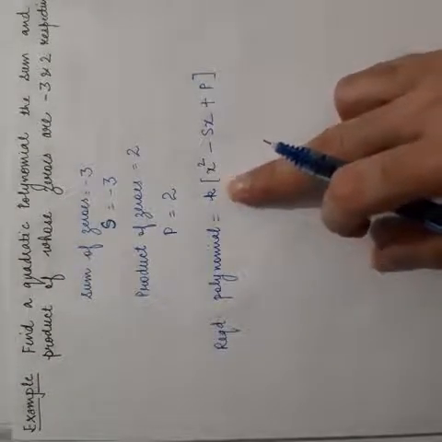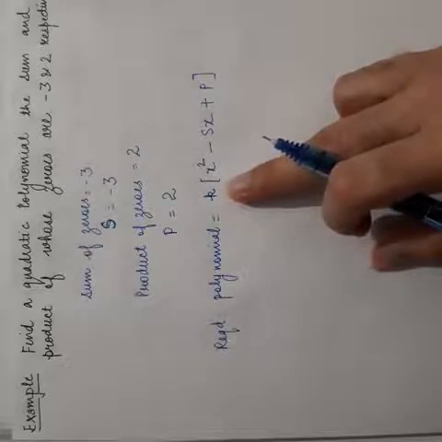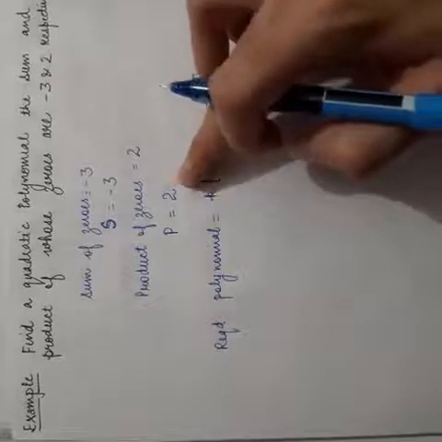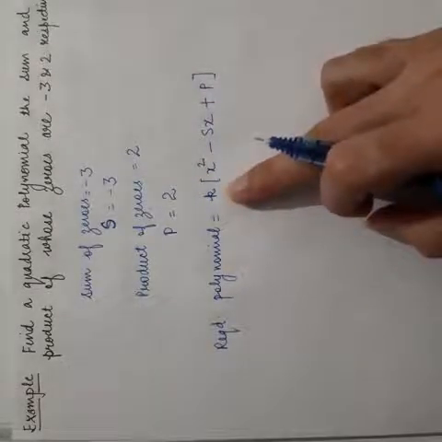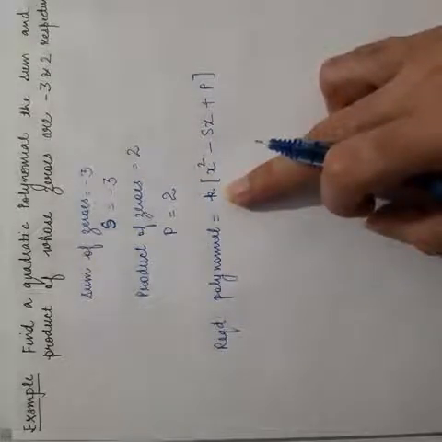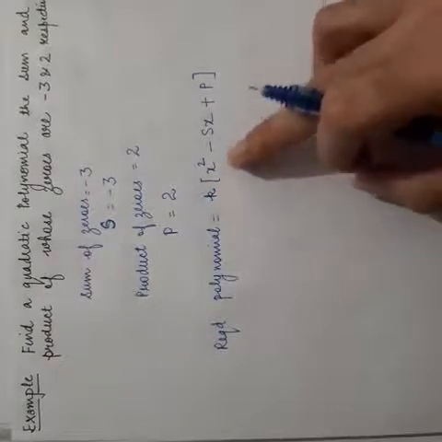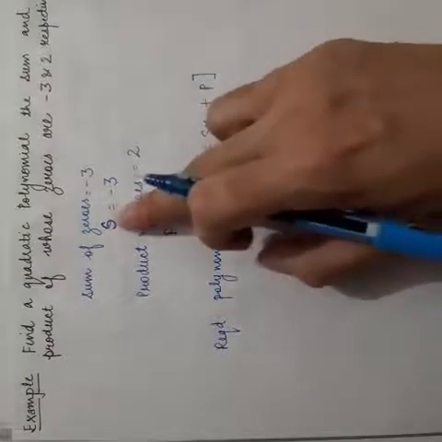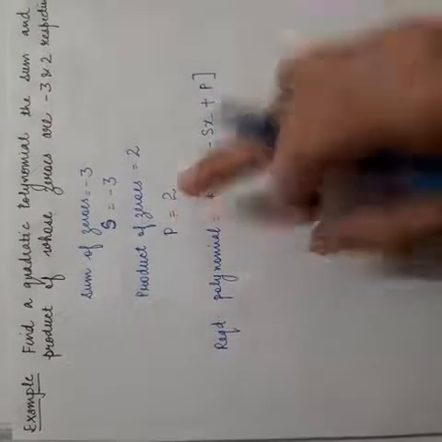Why have we used k over here? Because there are infinite polynomials which can have sum -3 and product 2. So we write k to denote that the polynomials are infinite. And in brackets we write x square minus sx plus p, where s is the sum of zeros and p is the product of zeros.